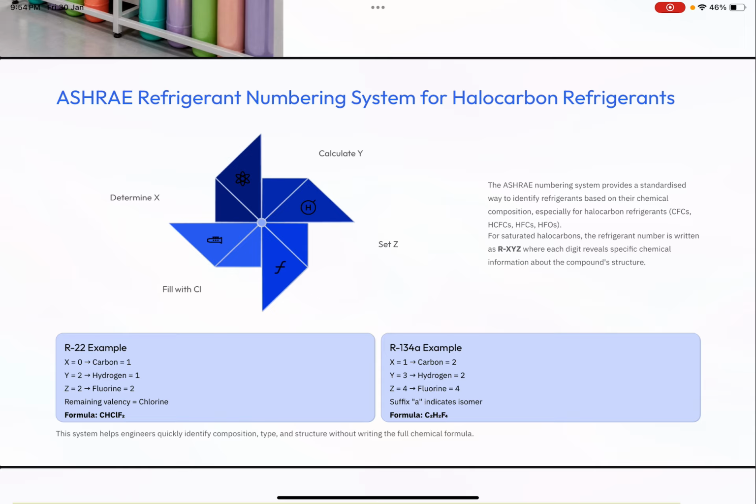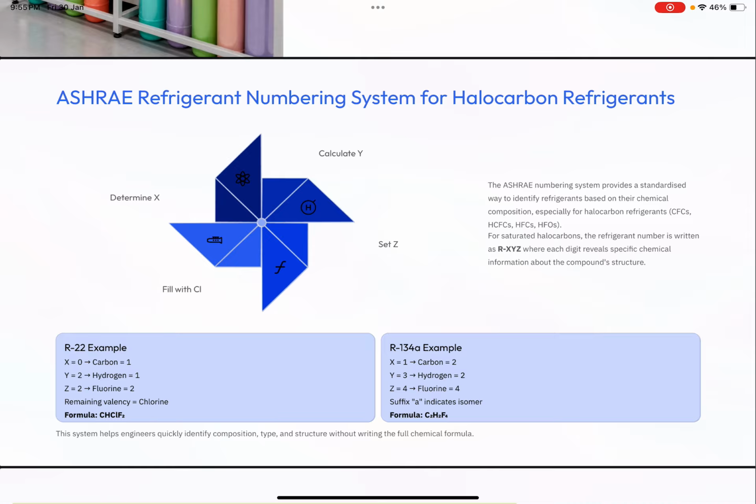Now, we need to understand what is X, what is Y, and what is Z. X has to do with carbon atoms, Y has to do with hydrogen atoms, and Z has to do with the fluorine atoms. And the remaining atoms would be that of chlorine. This we'll have to remember.